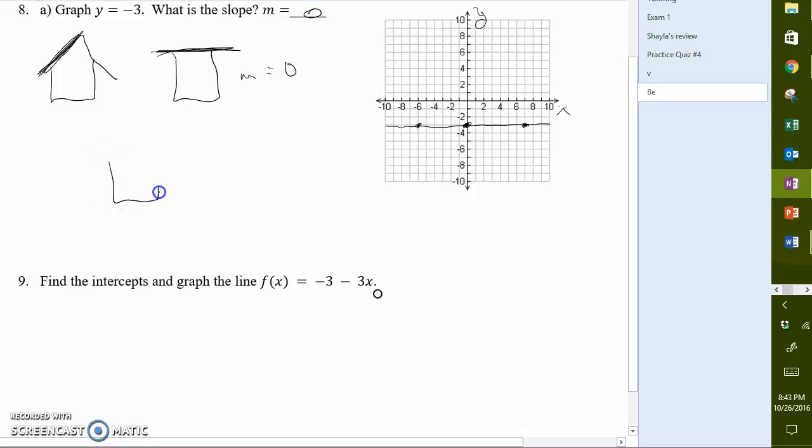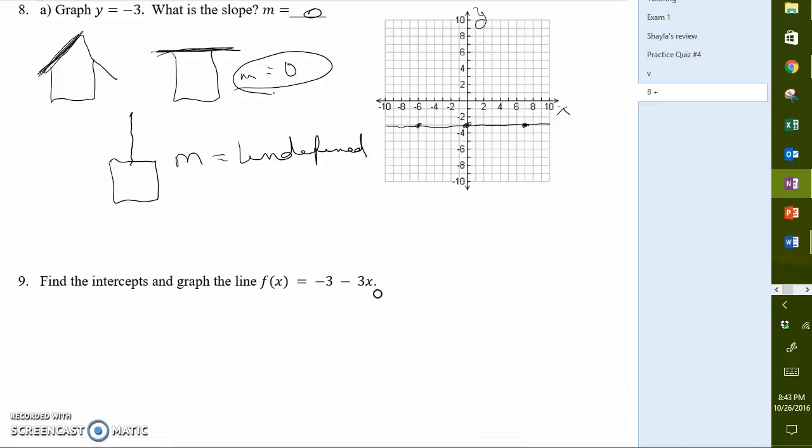Now think about if you had a vertical roof that just stood straight up. Well, that makes no sense. It would have no use. So that's how you can remember that in this case, a vertical line, the slope is undefined. But in this case, where we have a horizontal line at y equals -3, the slope is 0.